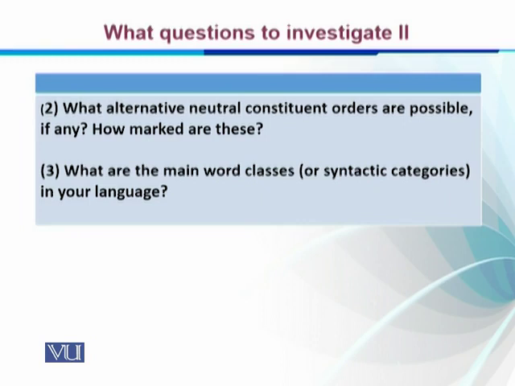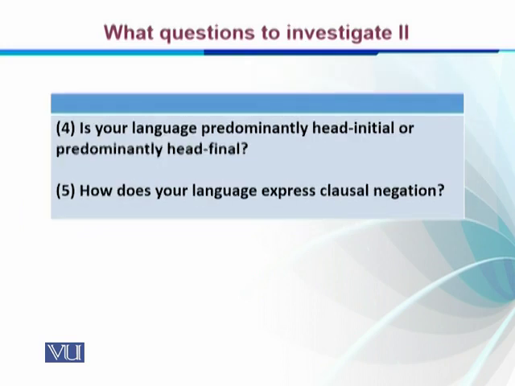Contrary to English, which has noun, verb, adjective, adverb, the arrangement of adjective, adverb, etc. is different in Urdu than it is in English. Is your language predominantly head initial or predominantly head final? So that's one of the main differences. We talked about it previously when we were discussing that different languages are head initial and head final, right?